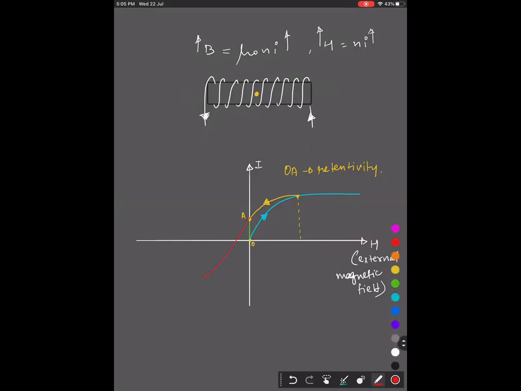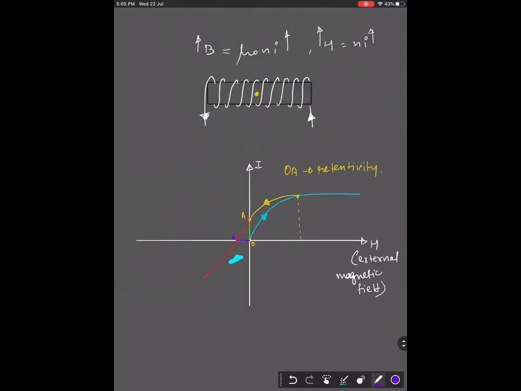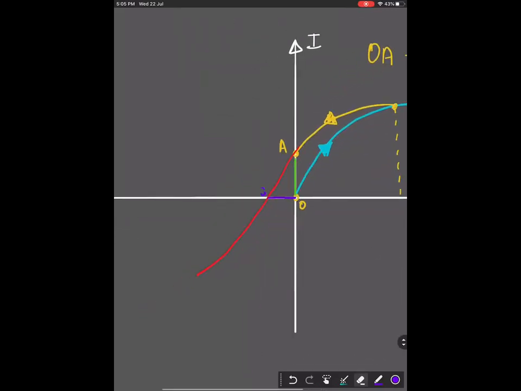So this much effort, OB, is required to eliminate I. OB portion of H is required. Hopefully you understood.